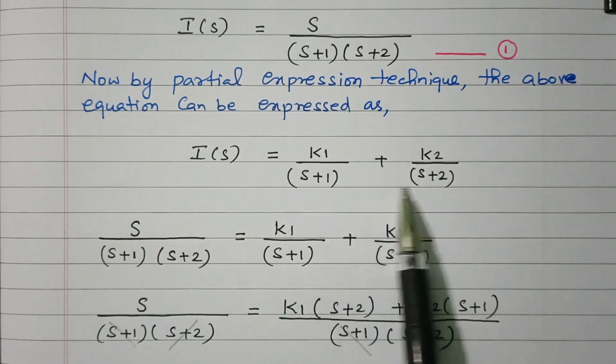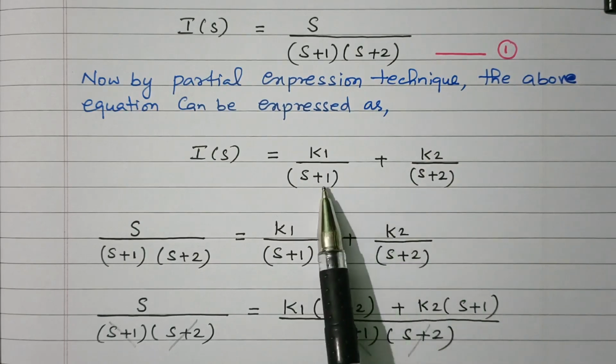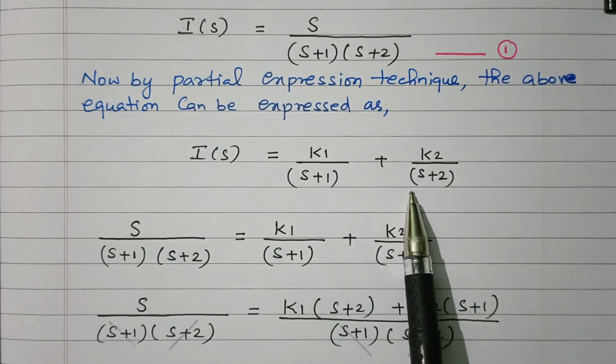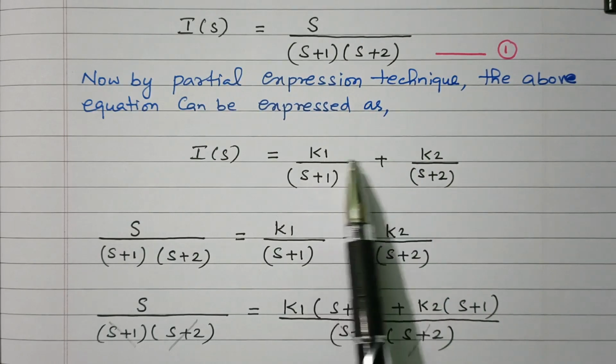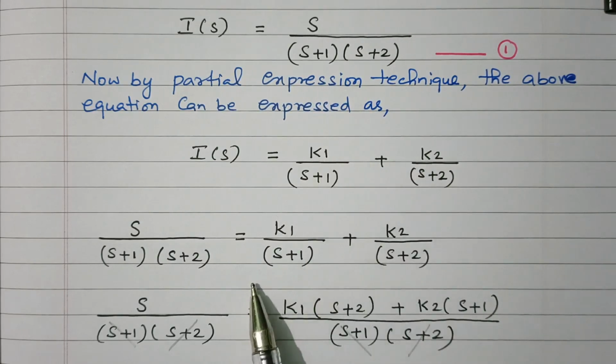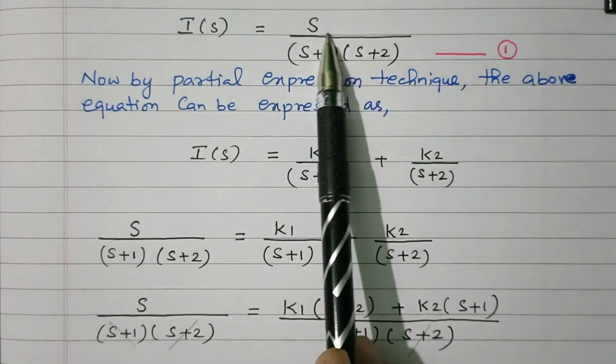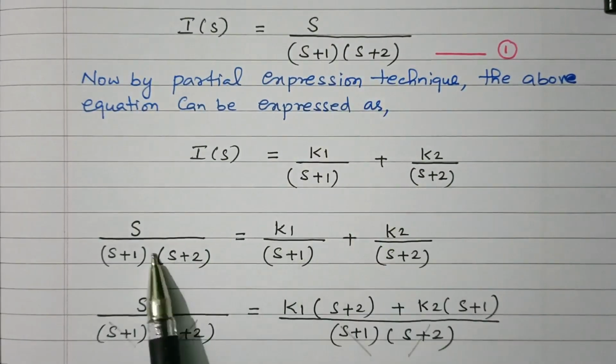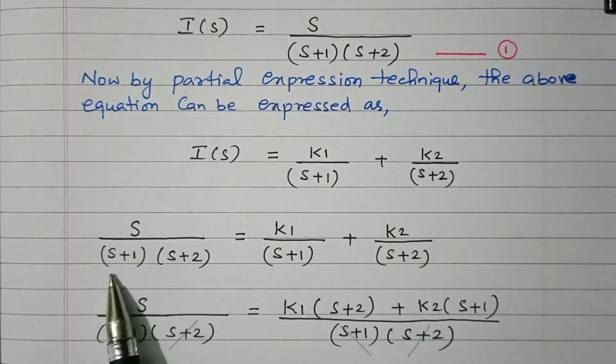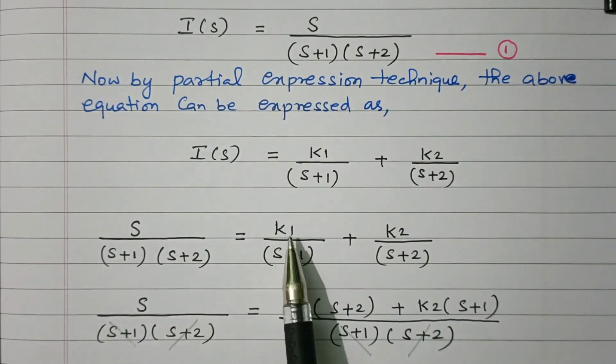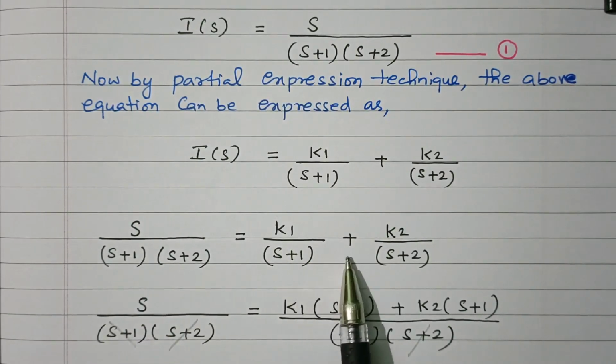This expression is split so that we can easily take the inverse Laplace, but we need to find the values of k1 and k2. So both are equal: s divided by s plus 1 into s plus 2 equals k1 divided by s plus 1 plus k2 divided by s plus 2.